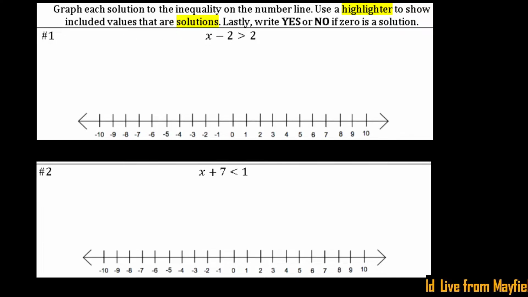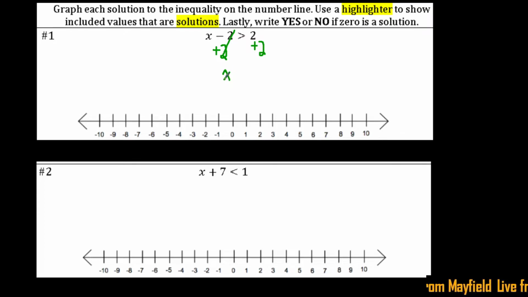And so let's jump right into this first one. So it says x minus 2 is greater than 2. So again, use your inverse operations. Again, this is one simple step. So all I have to do is add 2 to both sides. On the left side, the 2's cancel out, and so we're left with just what's remaining.